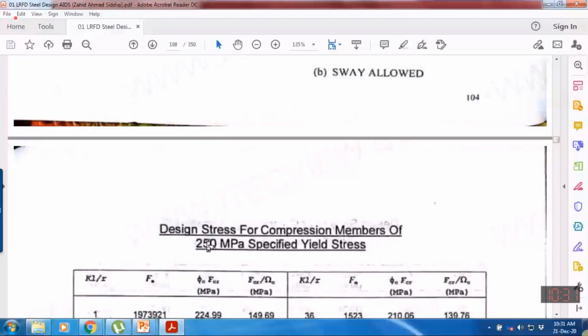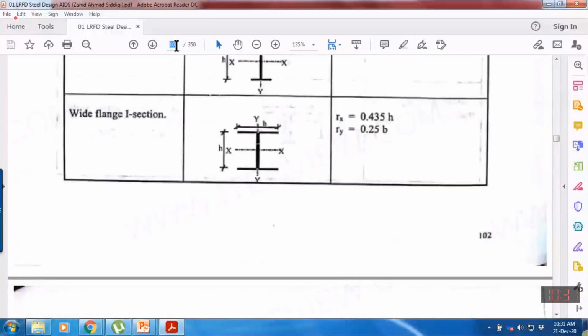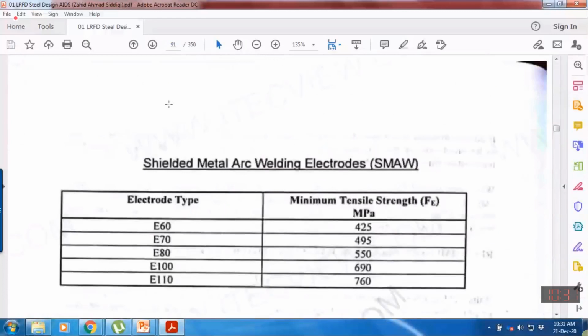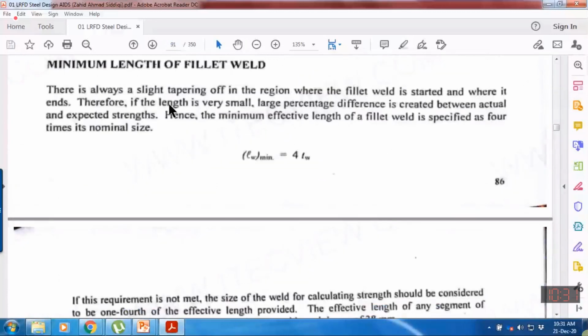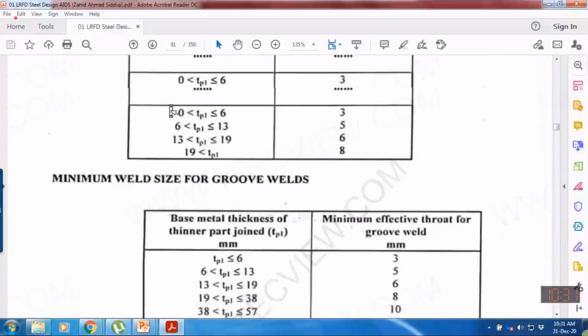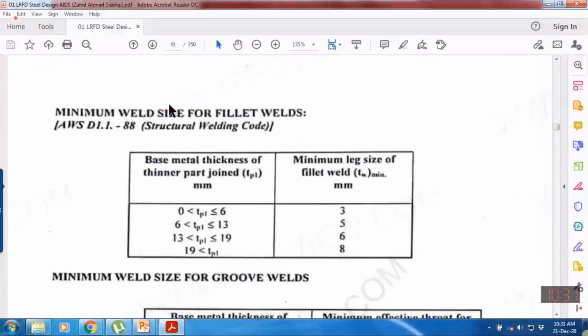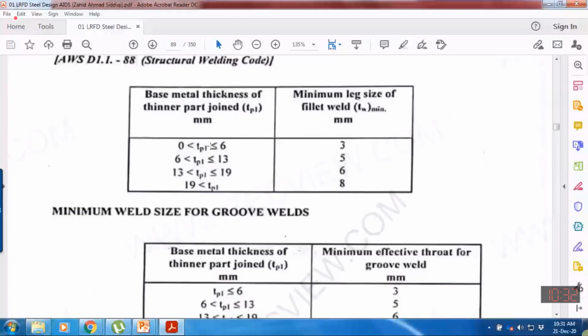Similarly, we will compute TW maximum, and again you need to consult the LRFD manual. This is for the groove weld. We will not use this, but we are going to use the fillet weld. Along the edges of material 6 millimeter or more in thickness, if TP1 is more than 6 millimeter, then TW maximum is computed by this formula.